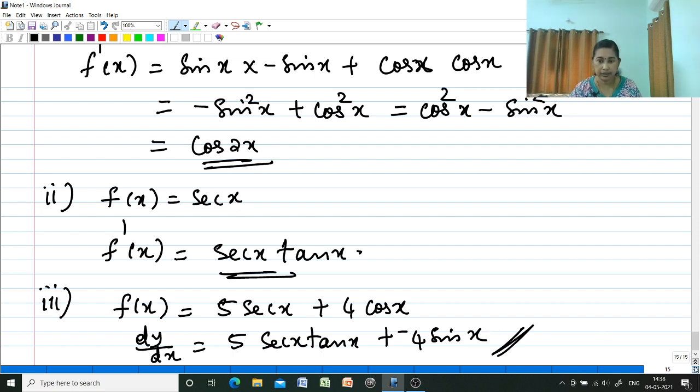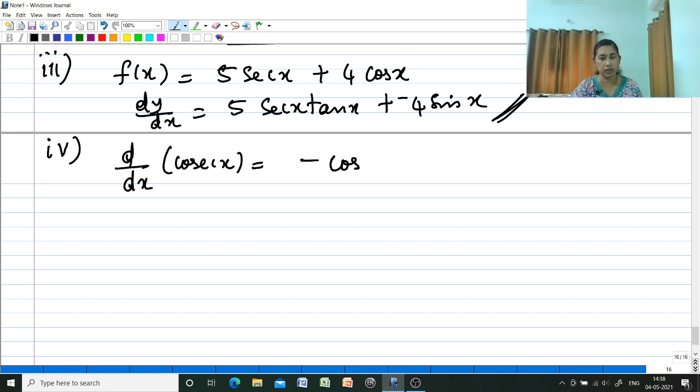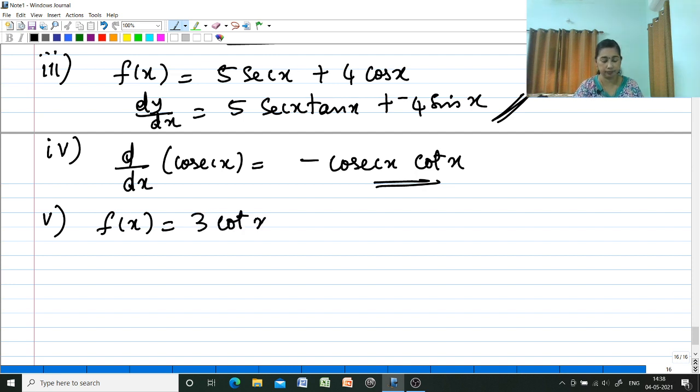Then fourth question, derivative of cosec x is minus cosec x into cot x. All these standard results we can find out using first principle method. Then next one is f of x equal to 3 cot x plus 5 cosec x.